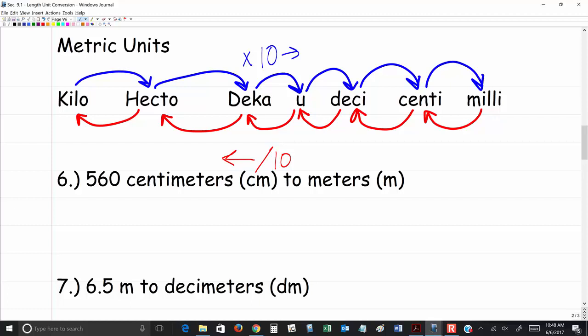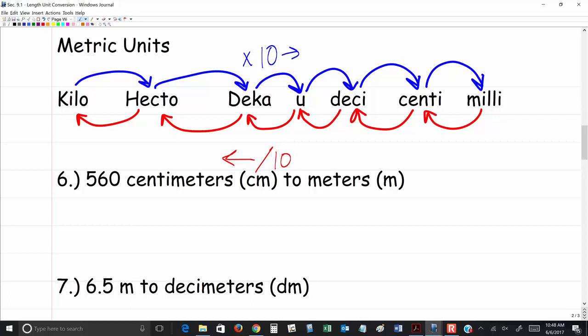All right. So, okay, so we have the metric system, and so these prefixes apply for basically all the different types of units you can have in the metric system.